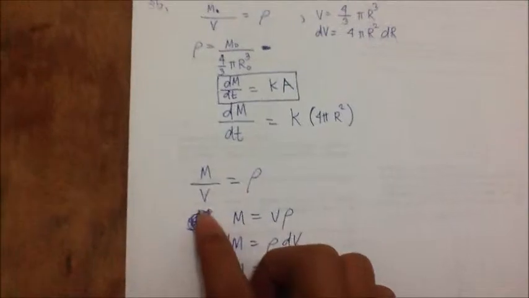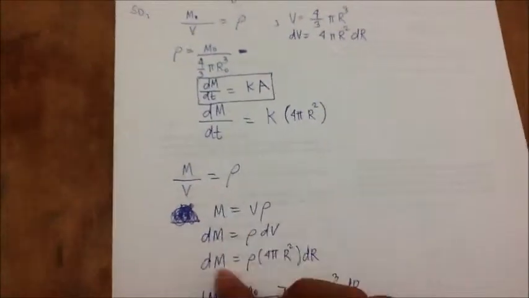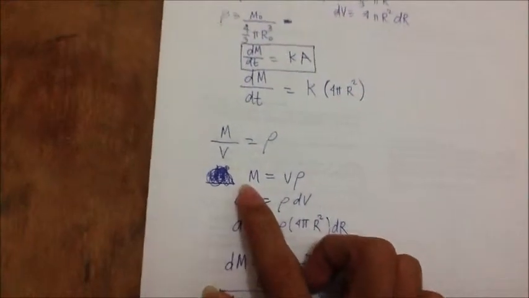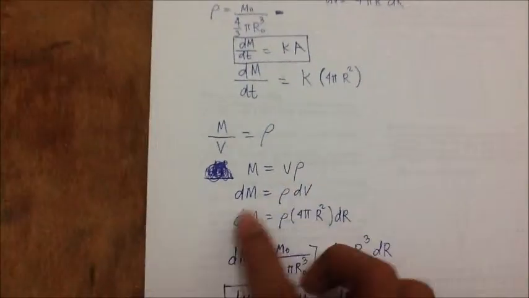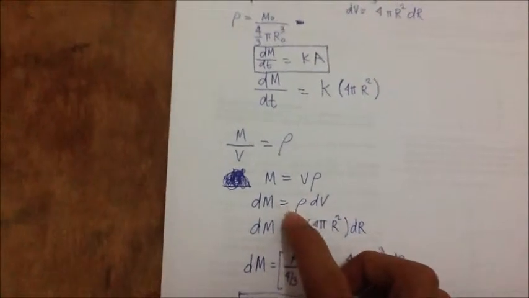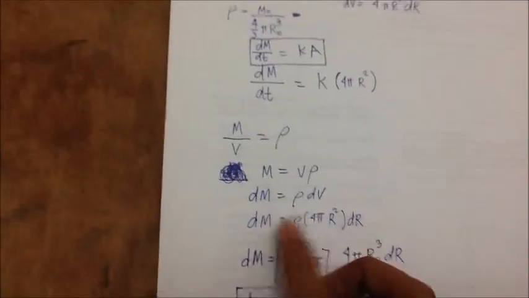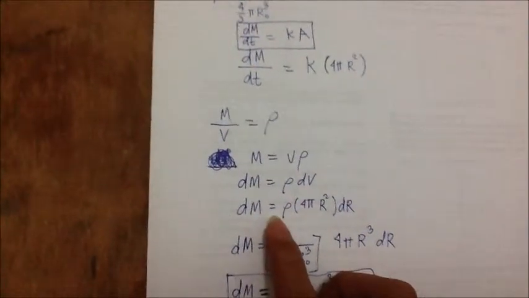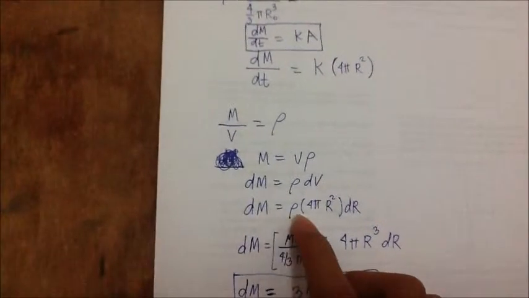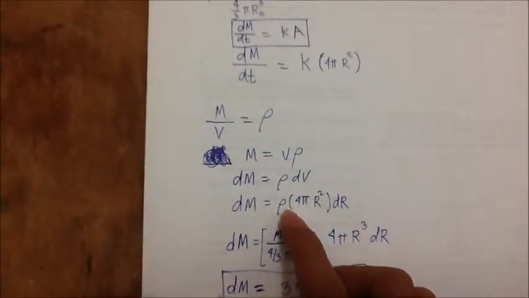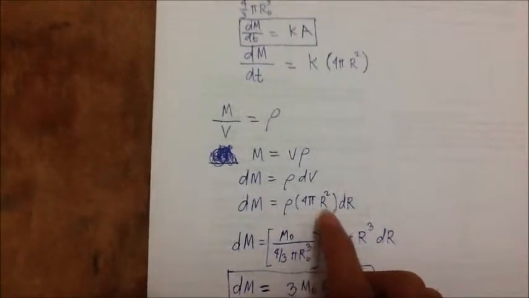With the help of our density, m over v is equal to density, so we can get m equal to v times density. So dm equals density times dv, and dv is equal to 4 pi r squared dr.